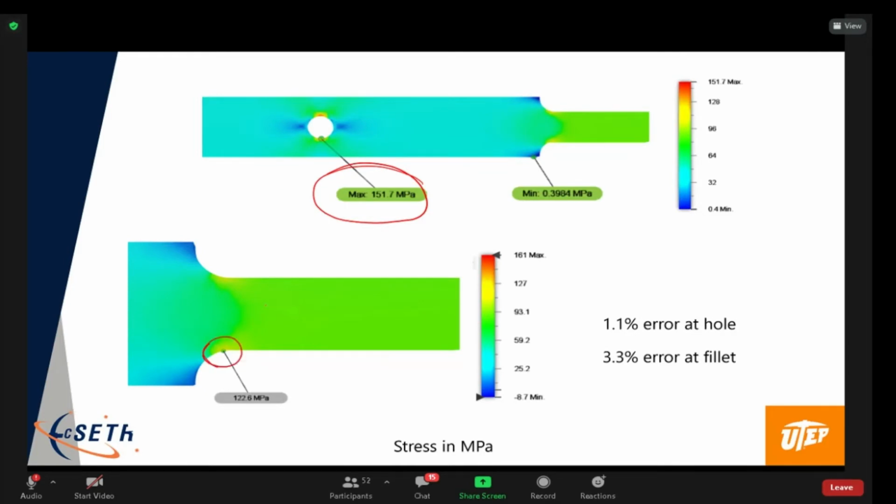I get the max stress here to be 122 megapascals when, in fact, what I should have got was 49 times 2.4.